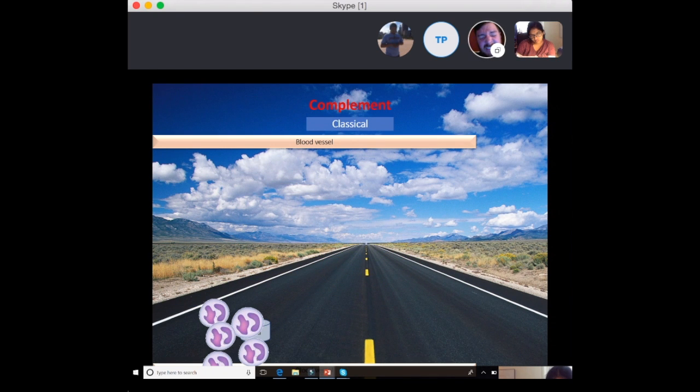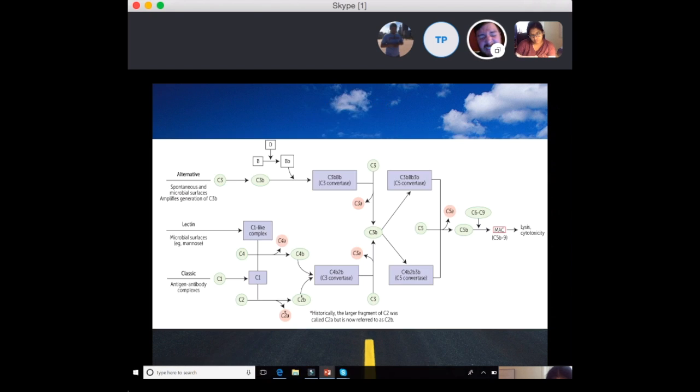And the foreign body is dead. Yay, the classical complement pathway is done. So now we're going to talk about the alternative pathway. And what's important to know about this one is that, again, we're going to have the common ending, which is MAC and cell lysis and apoptosis.